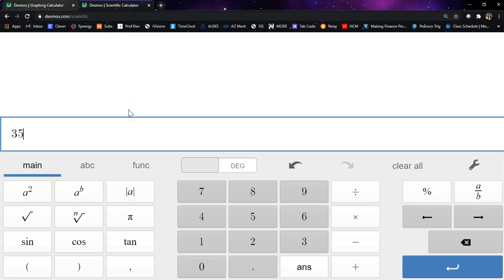So I can go to Desmos to multiply 35 and 36, because I don't know that one. 1260.